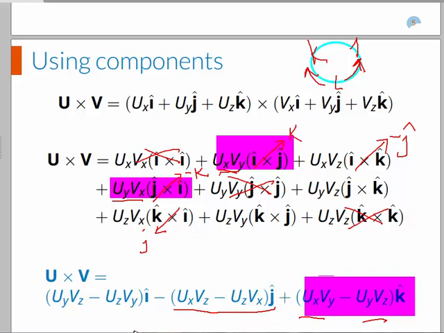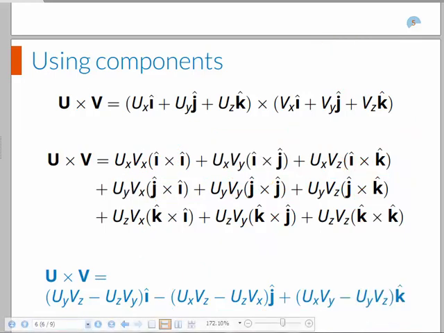The reason there's a negative sign here is that I put the ux vz term first, and that's the reason for that. We'll see in a minute. And then of course the next one, j cross k is i, and here we have k cross j, which is minus i, and that gives us the leading term.